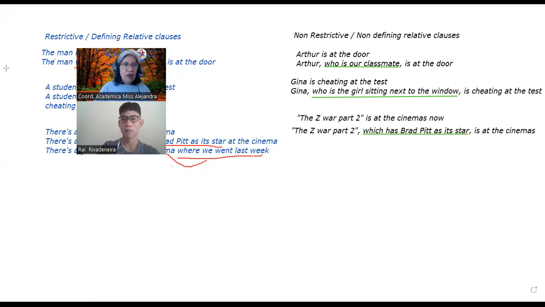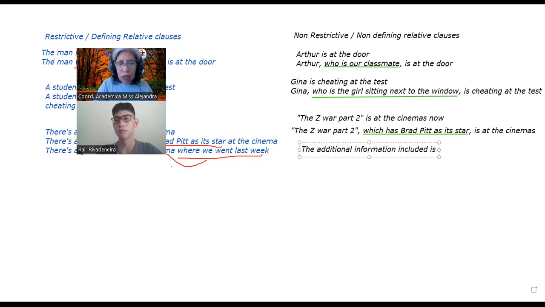So, in the case of the non-restrictive relative clause, the additional information included in the non-restrictive clause is not relevant to understand the meaning of the sentence.